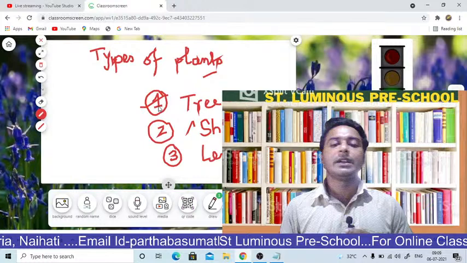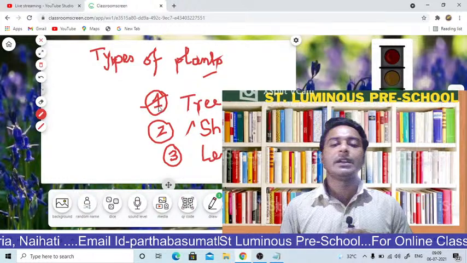The next portion of the plant, look here. Now I discuss the flower. The flower is the most interesting part. Suppose look here, it is a flower, the most beautiful part of the plant body, and we can say the reproductive part also.